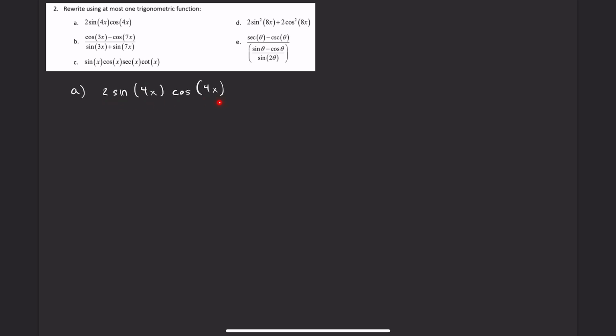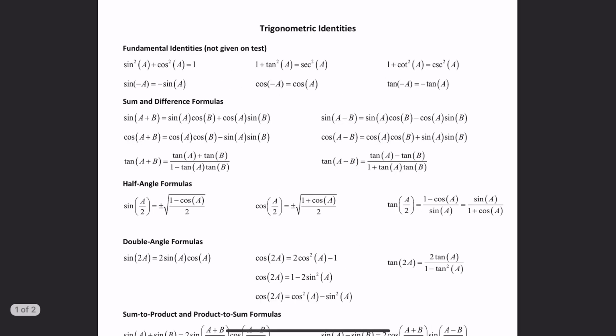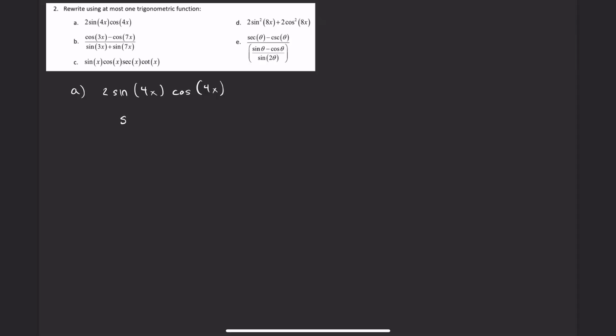However, we already are in an identity. This one looks just like the double angle formula. Looking at our formula sheet, we can see that this is the double angle formula. So we simply multiply the angle. So doing so, we'll have sine of 8x. That's it.